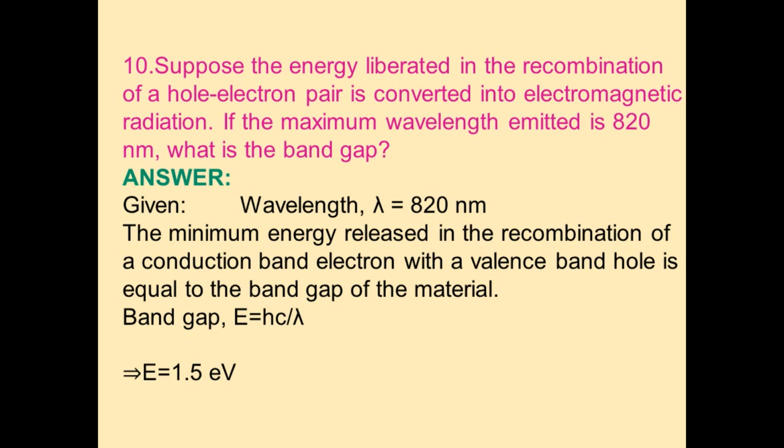Minimum energy released in the recombination of a conduction band electron with a valence band hole is equal to the band gap. That minimum energy is nothing but band gap of the material. Band gap E equal to hc by lambda, and by substituting the values you get 1.5 electron volt. Do it.